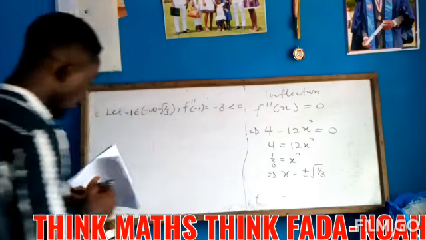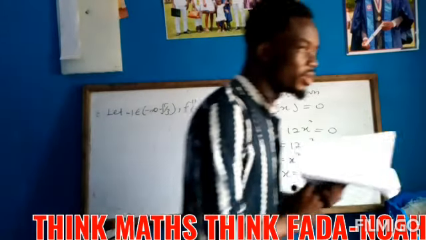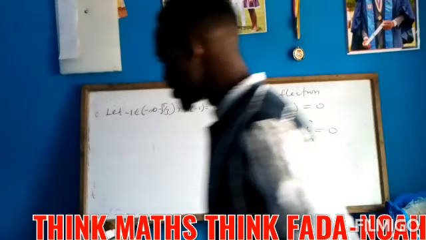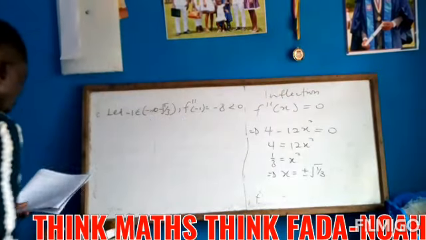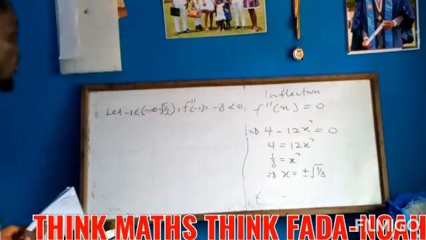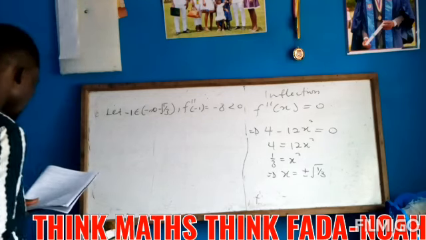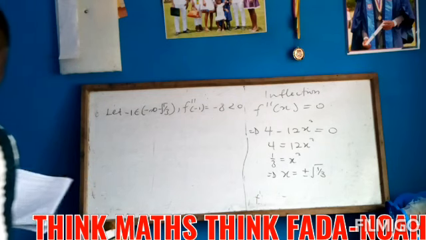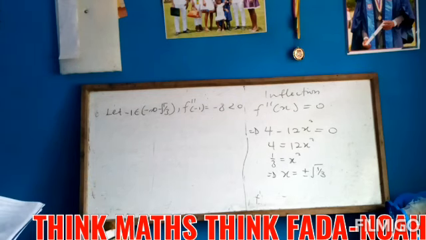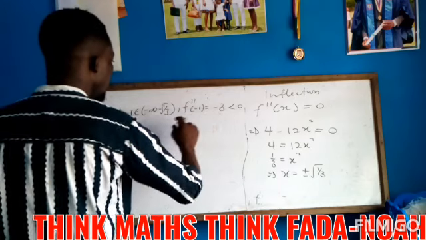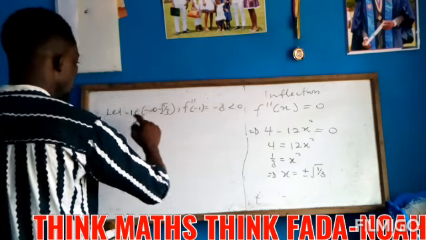So whenever we have f prime prime of c to be less than 0, what do we say that we have? We have concave downward.